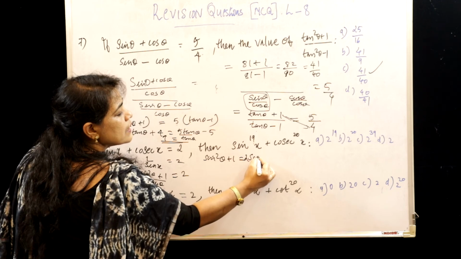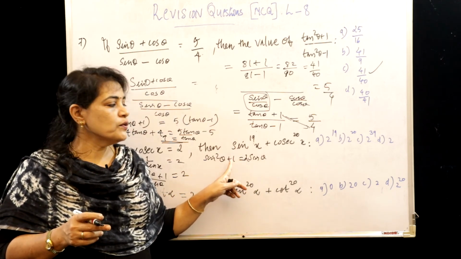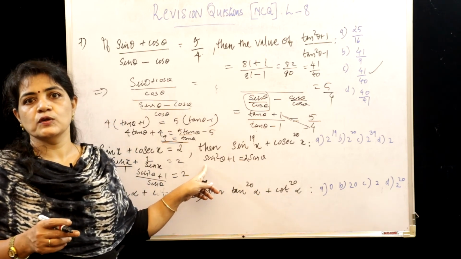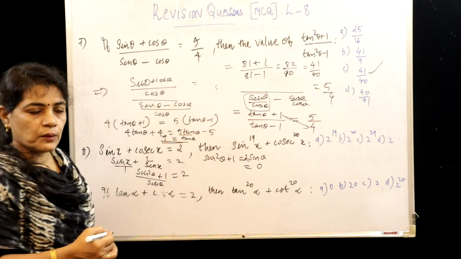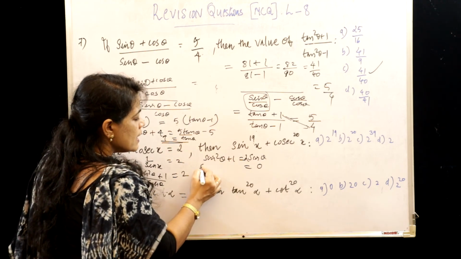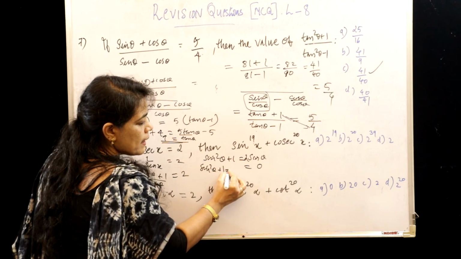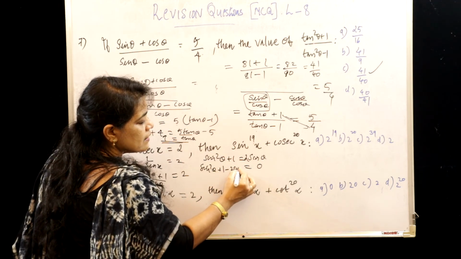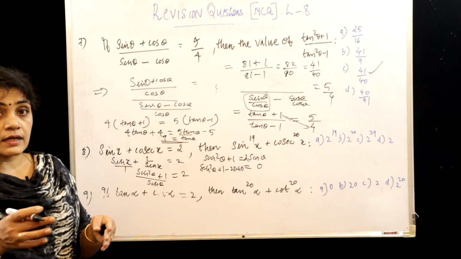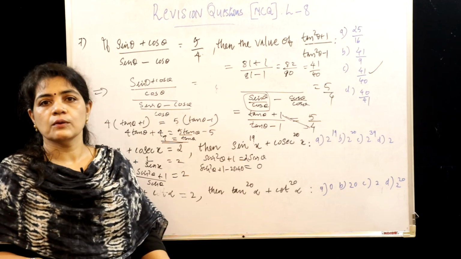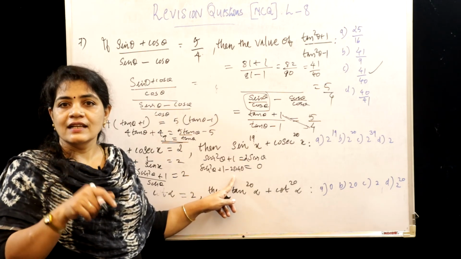See children, sin square theta. If you take this 2 sin theta to LHS, that means RHS can be equated to 0. So sin square theta plus 1 minus 2 sin theta equal to 0. See, this is the expanded form of which identity?